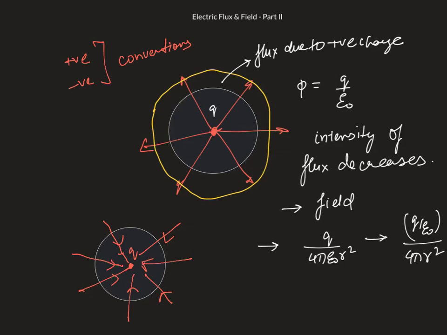But what is the main and major important difference between a positive and negative charge? A positive charge emits flux, and a negative charge absorbs flux.